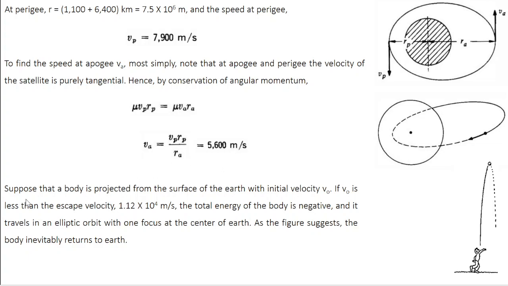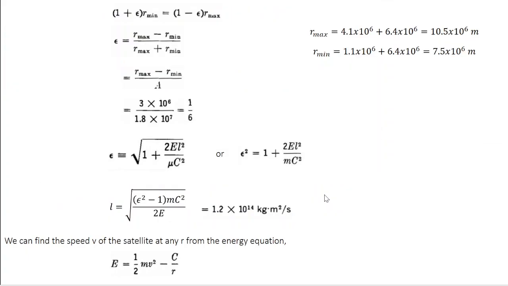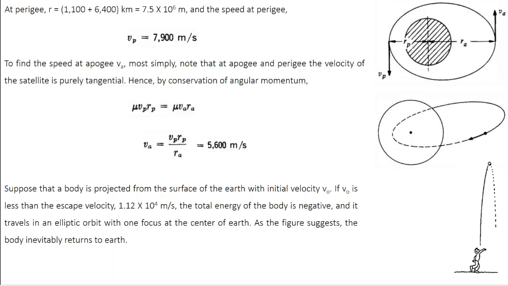Finally, a small note. Suppose that a body is projected from the surface of Earth with an initial velocity v0, then we know that this is the energy equation, and if v0 is less than the escape velocity, then we know that it cannot cross the gravitational field of Earth.